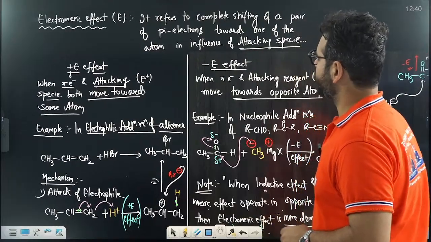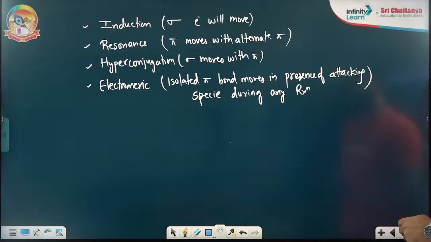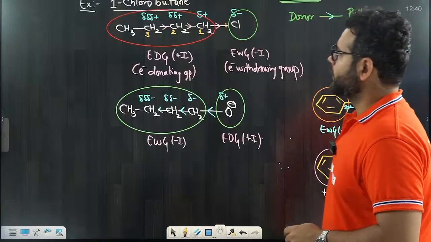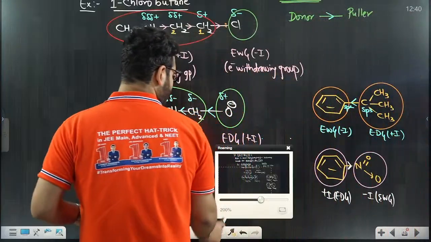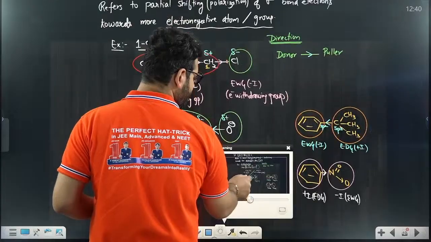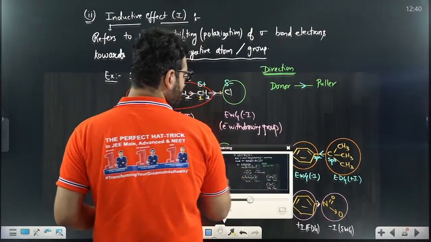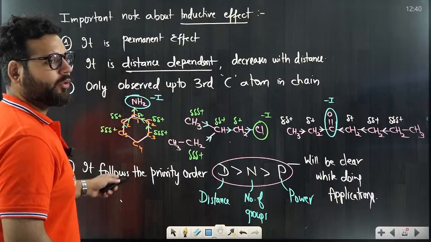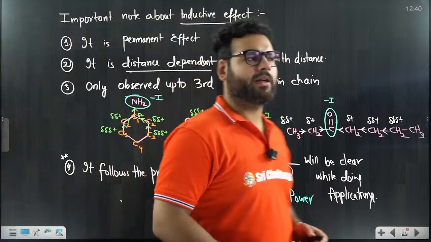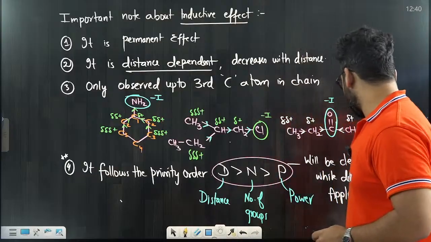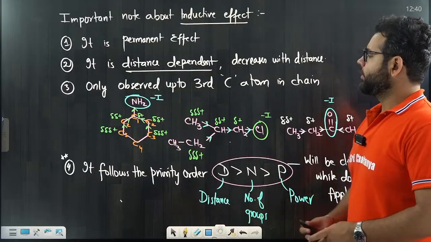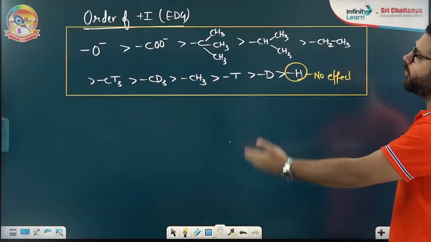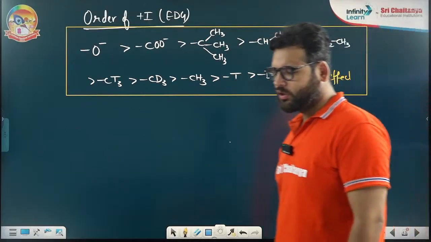Then we have seen the inductive effect, how to write the direction of inductive effect. After direction, we have seen some important points about inductive effect. It is permanent in nature. It is distance dependent. And then we have seen the order and we have learned the order. So this is all about today's class.